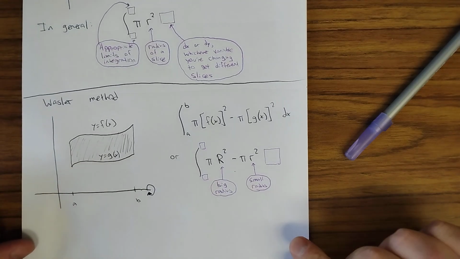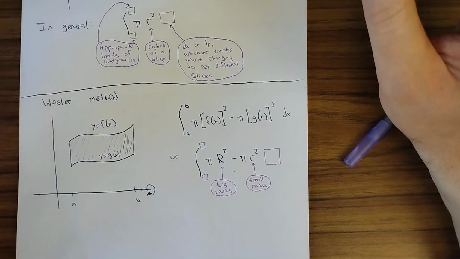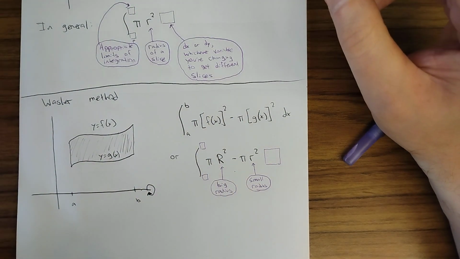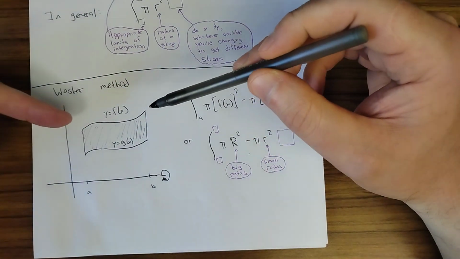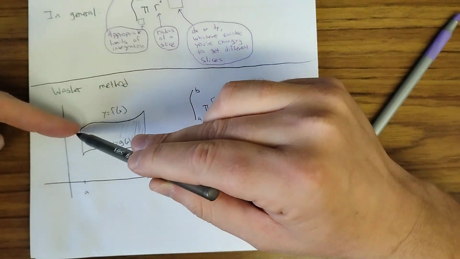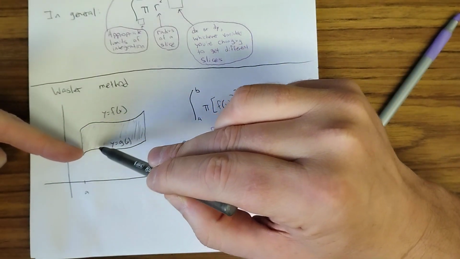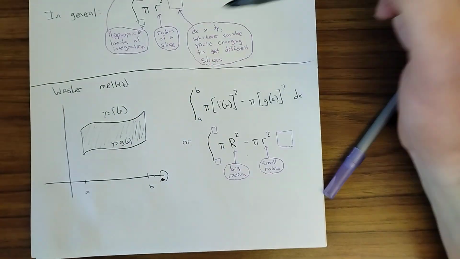Okay. So now that we know the disk method, the washer method is going to be pretty easy, actually. The washer method you could describe as just doing the disk method twice. So imagine that we have a region, and now there's a function that's bounding the region on the top, and a different function that's bounding the region on the bottom, and x is going from a to b.